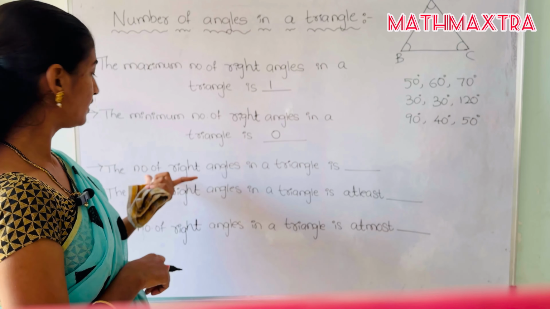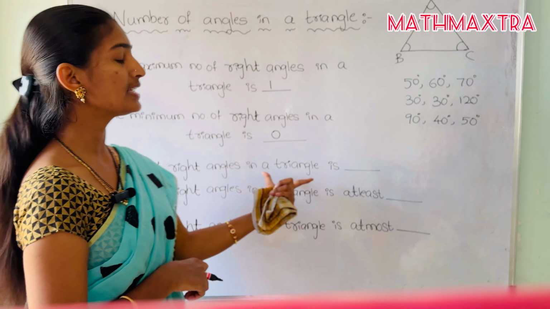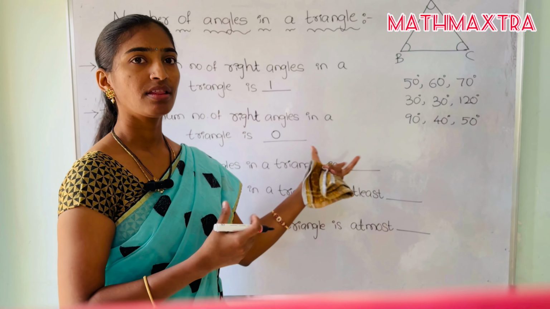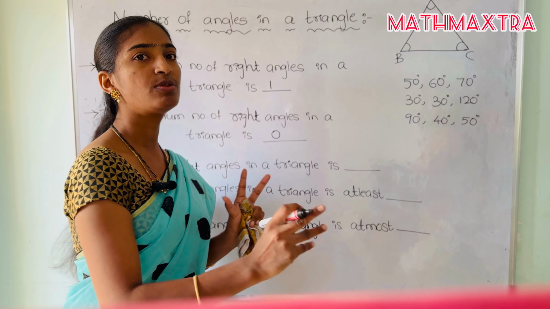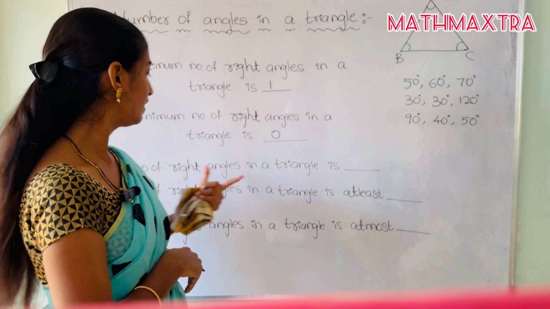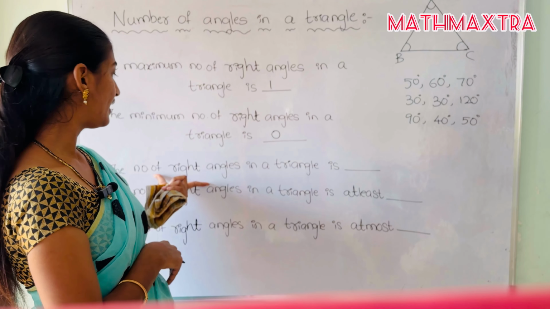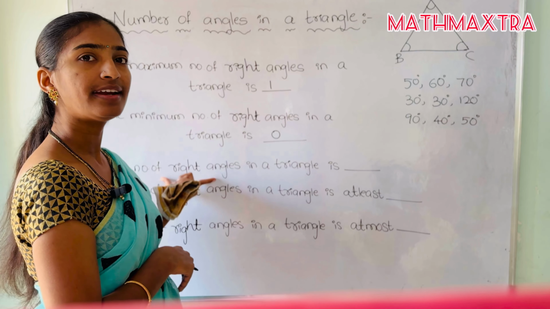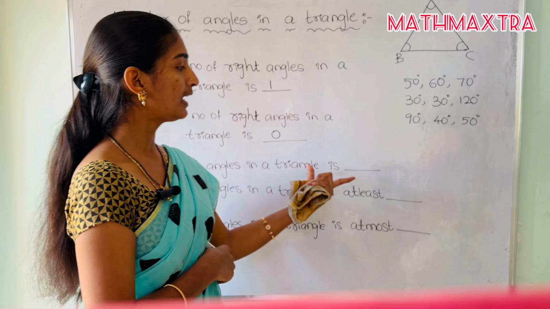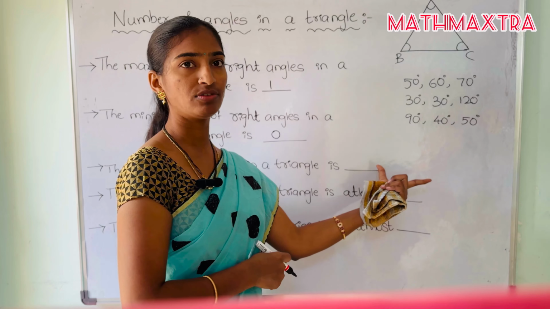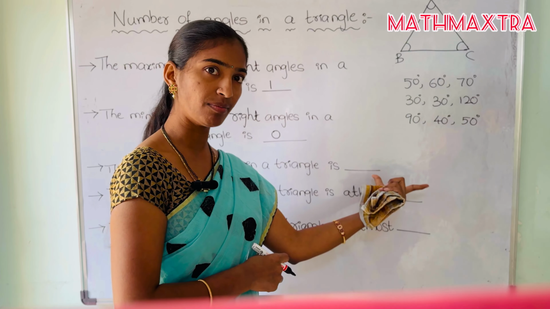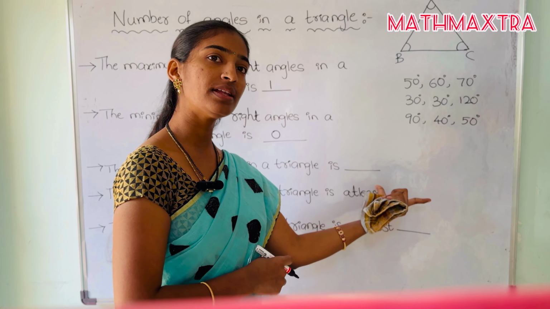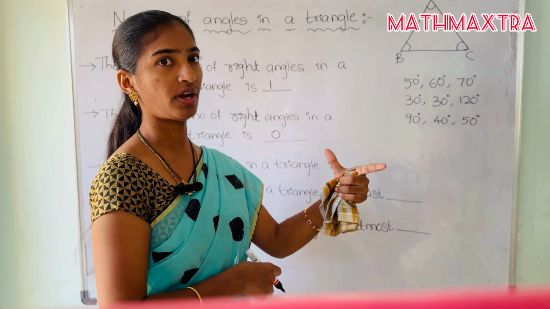Check the third point. "The number of right angles in a triangle is" means all the possible ways we have to think when the question is like that. So at that time you have to write all possible ways. You have to consider the minimum number of right angles as well as the maximum number of right angles.